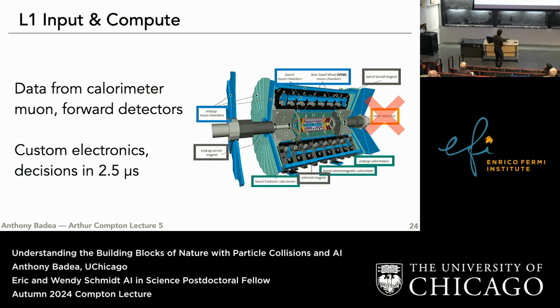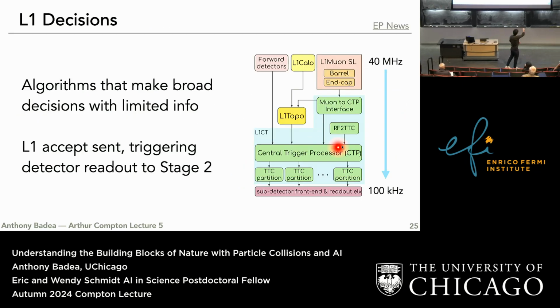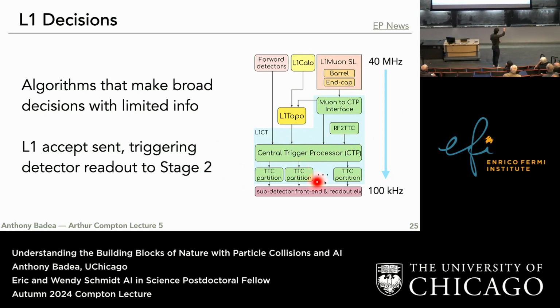So in here, you have signals coming from the muon detectors, like this wheel. You have signals coming from the calorimeters in here. When they come in to a centralized FPGA in this case, you have a decision, a coincidence that's being made, and then once that coincidence is made, you send out an accept.